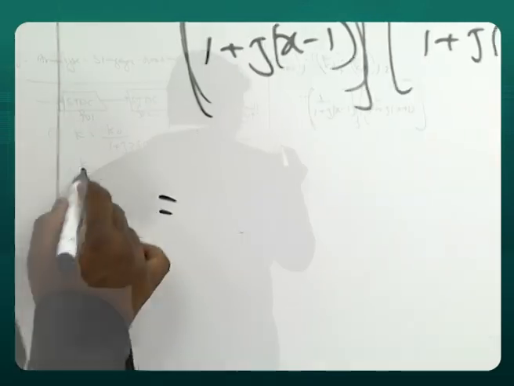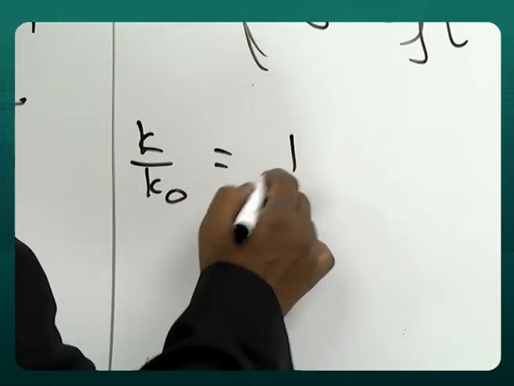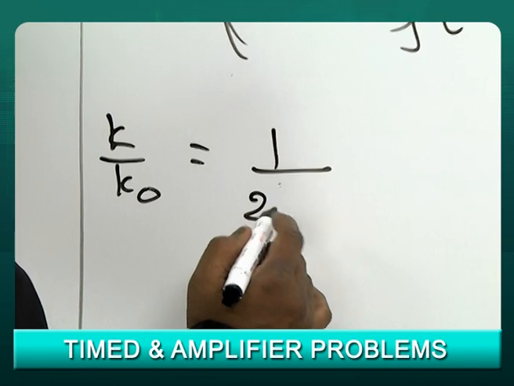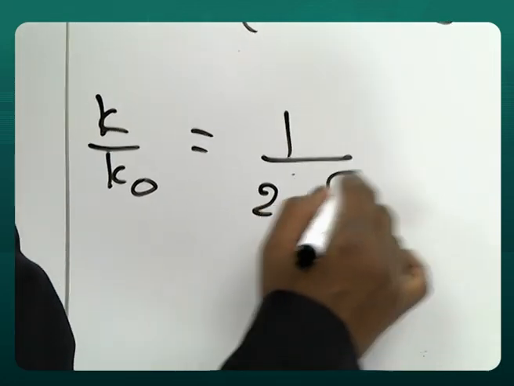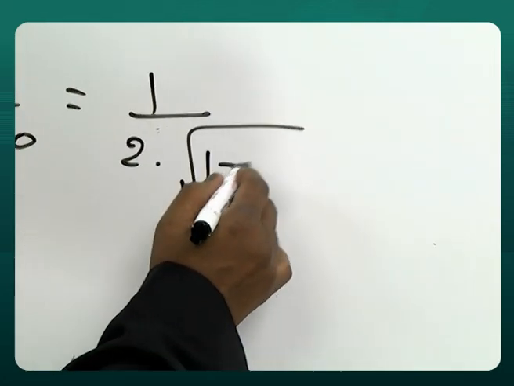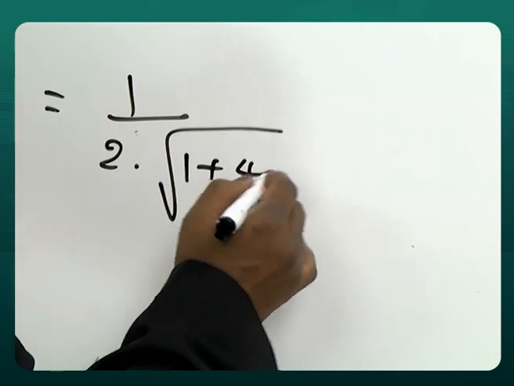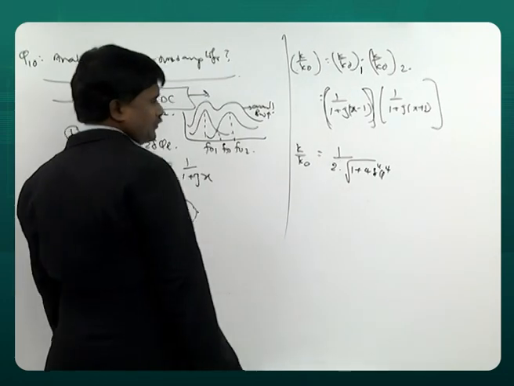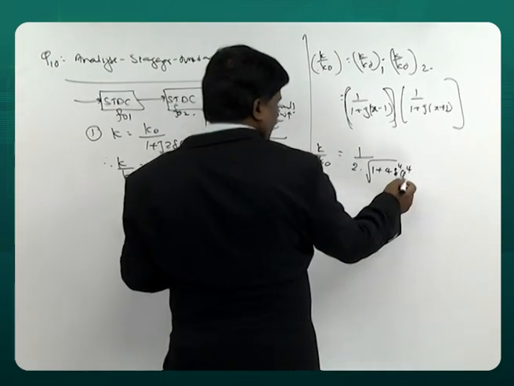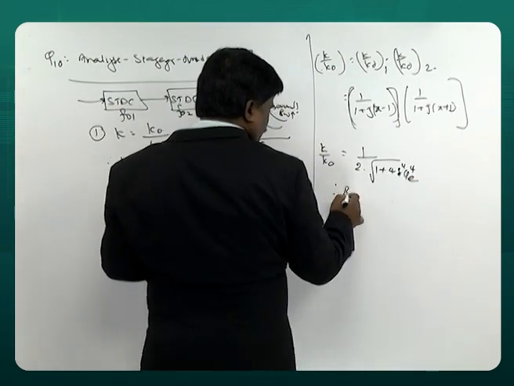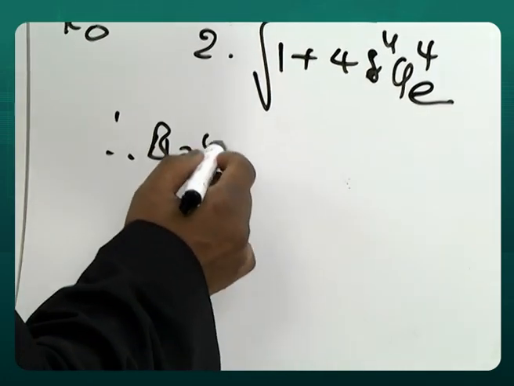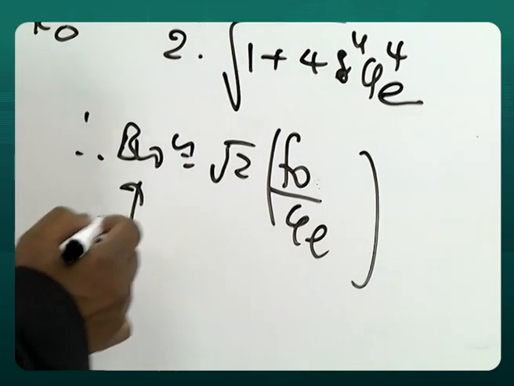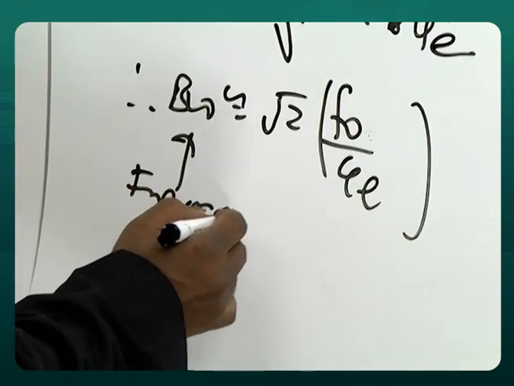If you do all these calculations, you will get 1 by 2 into 1 plus 4 delta power 4 QE power 4. Therefore, if you calculate bandwidth, root 2 times of F0 by QE. That's why bandwidth is increased.